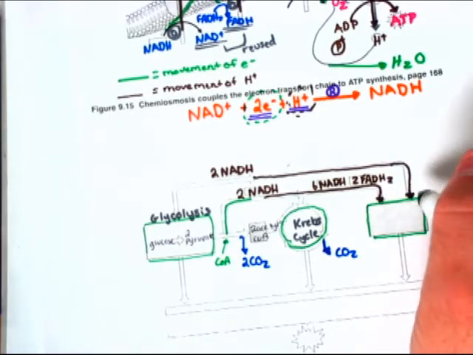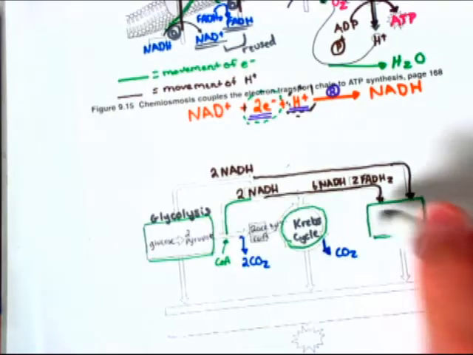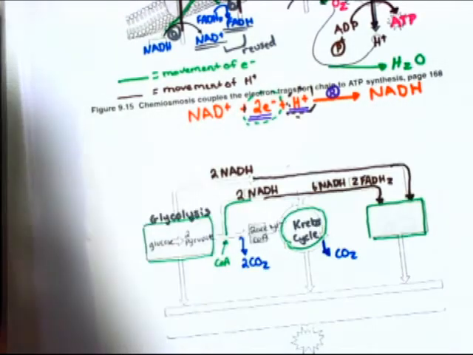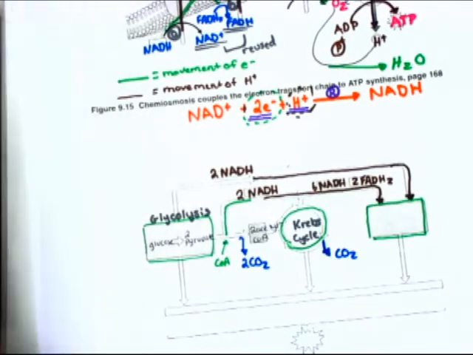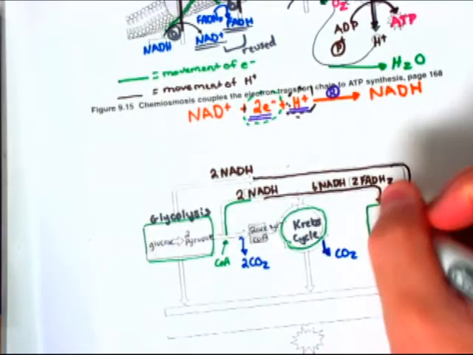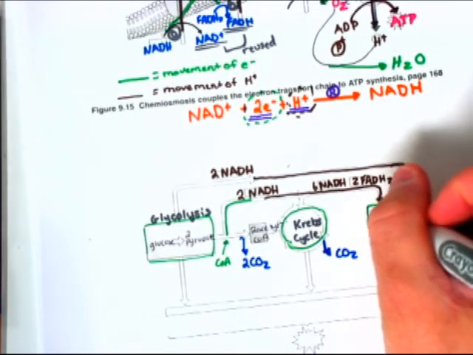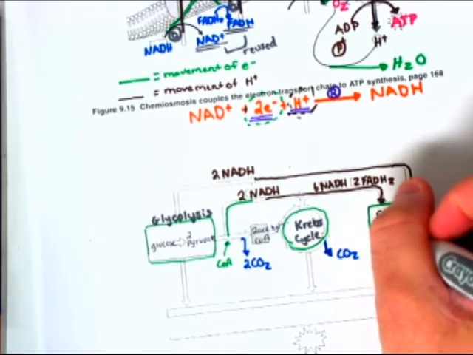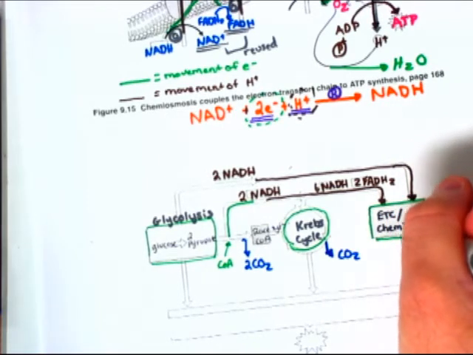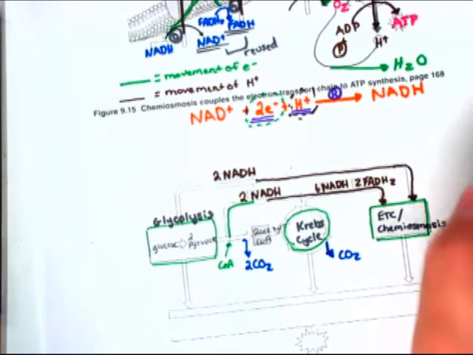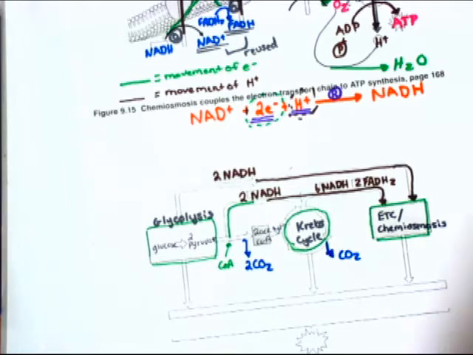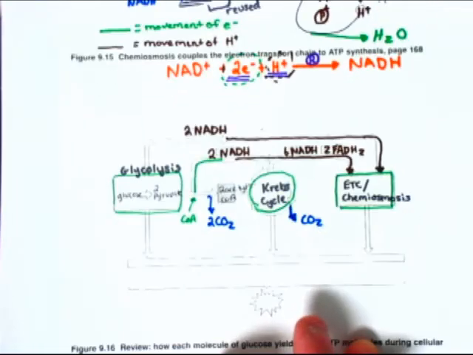So what is your last, before I go forward, I'll come back to that. What is that last box? 2 really events if you think about it. The first was the electron transport chain. Right. Chemiosmosis and the ATP synthase was being used there. Okay.